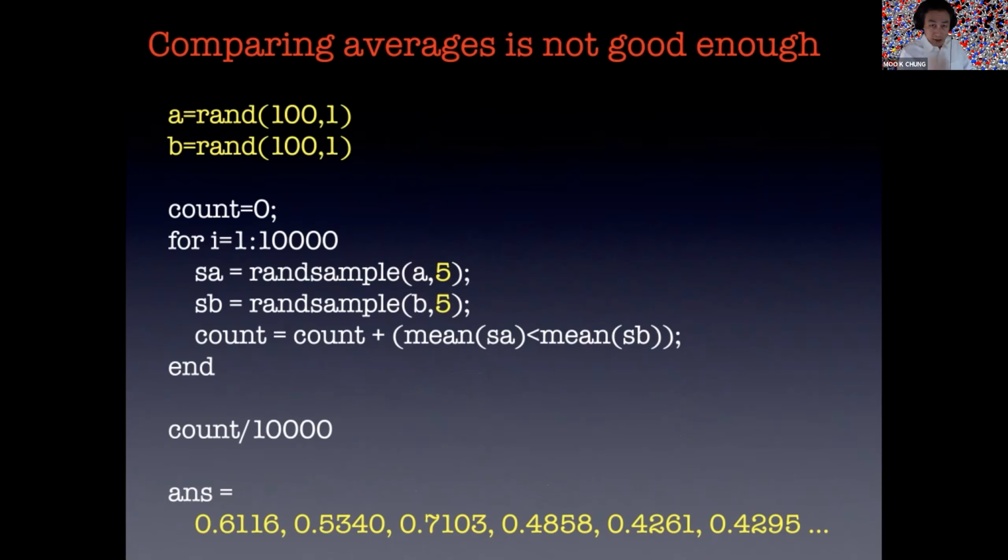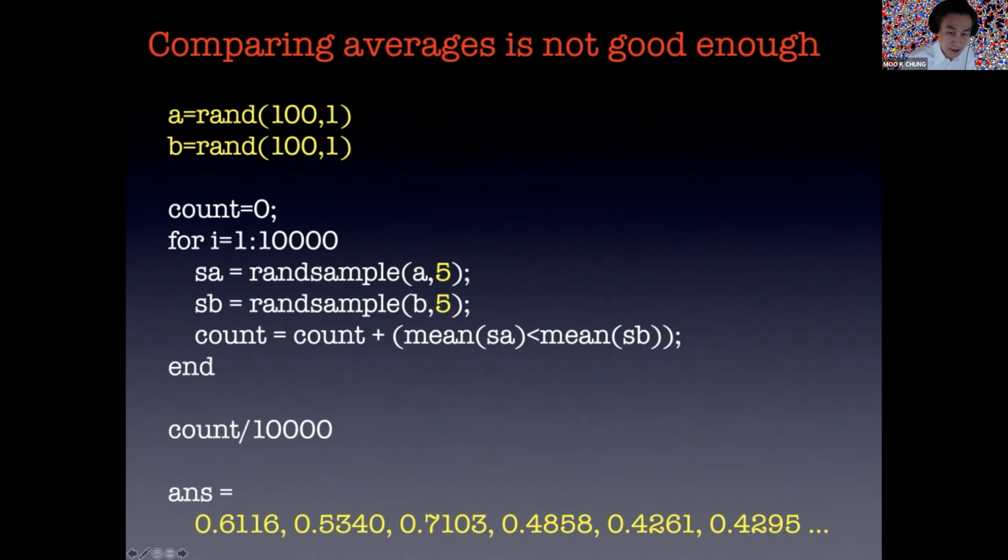Now, this is a demonstration. Suppose I'm going to generate random numbers from 0 to 1, 100 times, and put them into vector A, and put them into vector B. And I'm going to count the number of times.